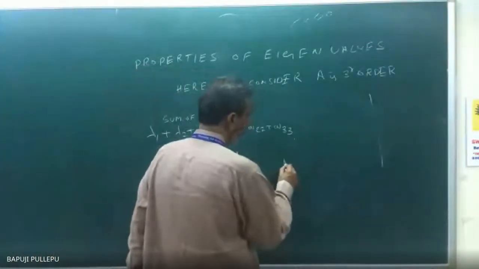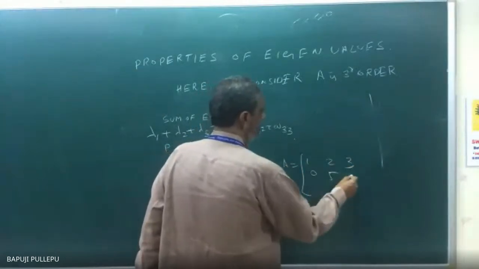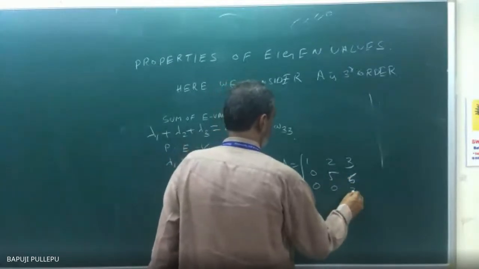Suppose I have a matrix like this: 1, 2, 3; 0, 5, 6; 0, 0, 3.